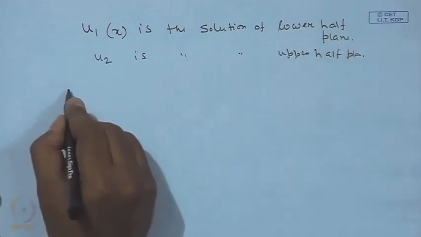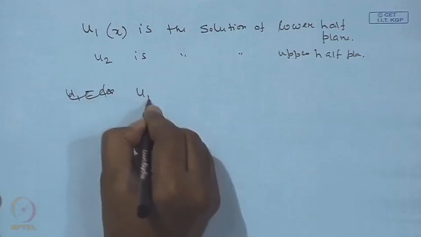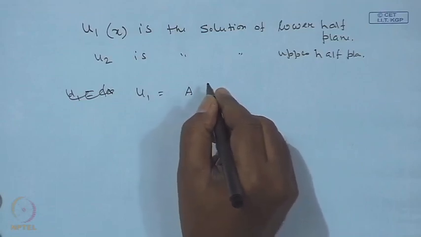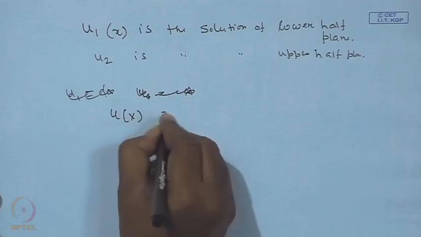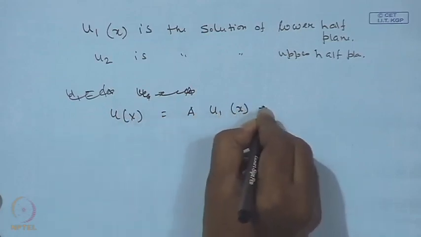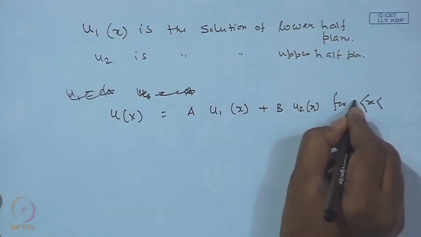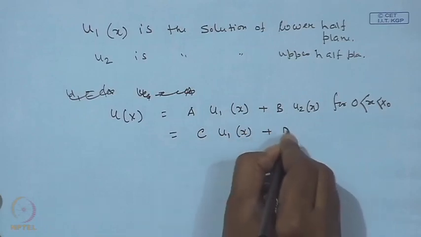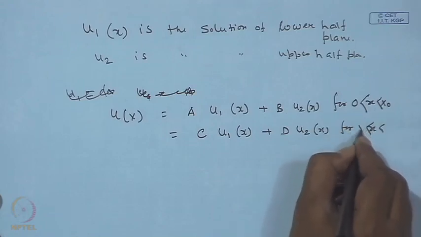So, u of x will be constructed of two solutions: a u1 x plus b u2 x for x lying between 0 and x naught, and c u1 x plus d u2 x for x lying between x naught and 1.